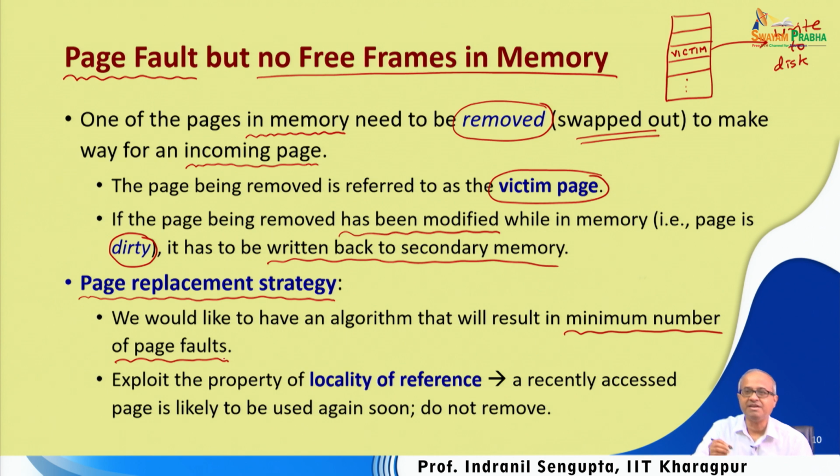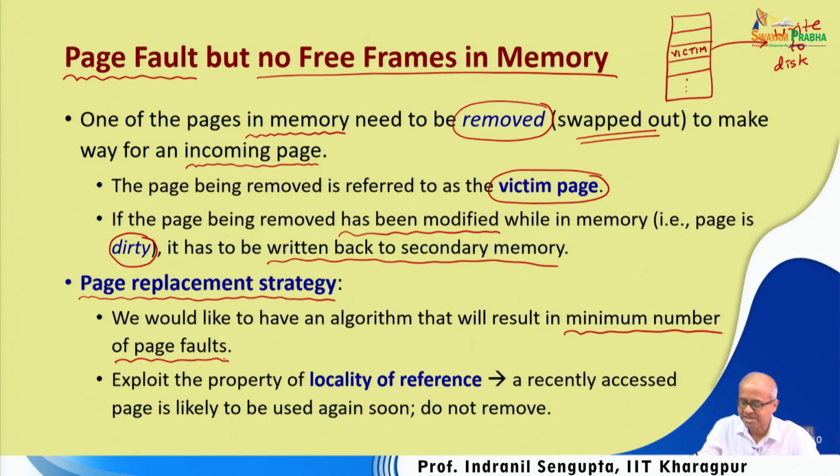Okay, this is ideally what we would like, but of course, this is wishful thinking. We really do not know what kind of memory access patterns the process will make, but at least we can try to do this. We can try to have a page replacement algorithm that will result in, minimum we should not say, less number of page faults.